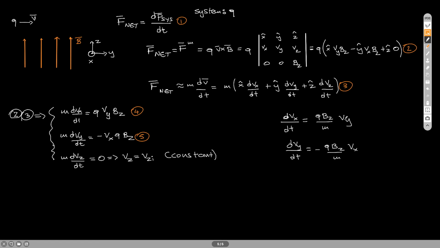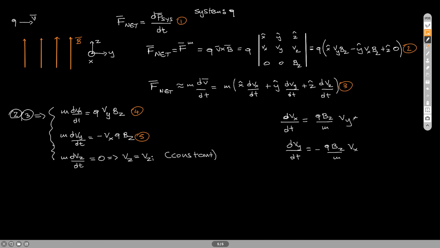So since you don't know what vy is, you cannot really do the integration. It is wrong to simply move vy on the left side, dt on the right side, and proceed with integration. And the same thing here: I cannot simply move vx on the left side, dt on the right side, and proceed with integration. vx and vy are two different functions of time. That's why I cannot do this integration.